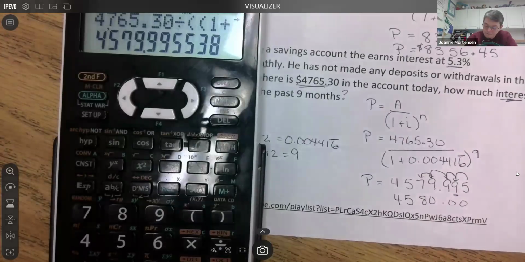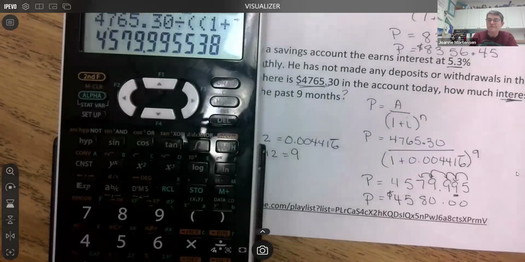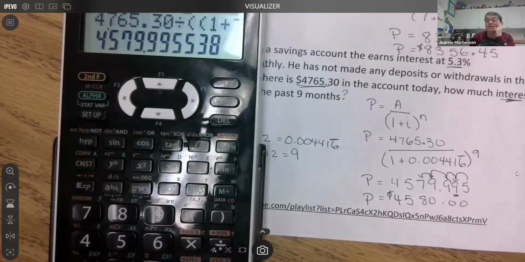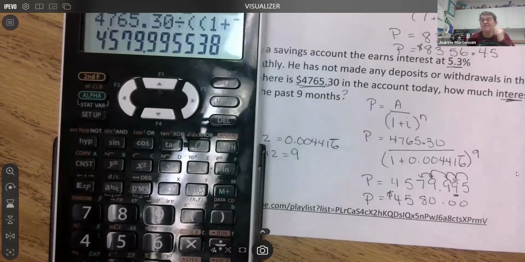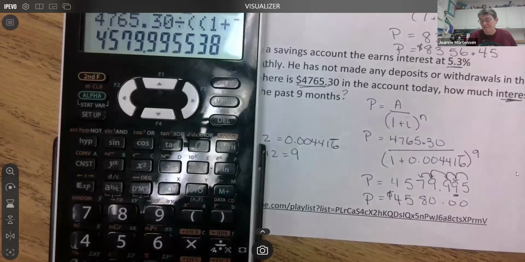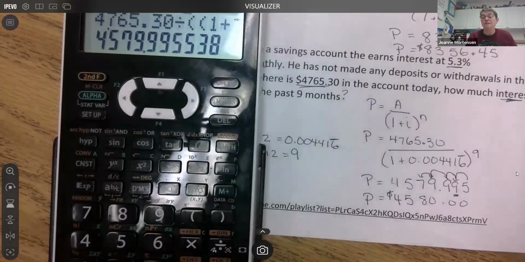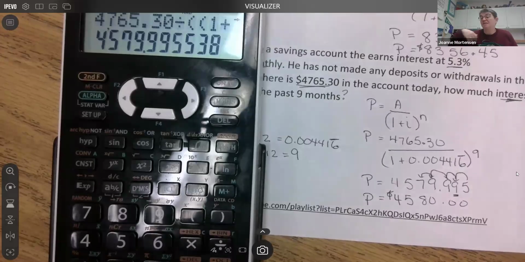We're good. So P is equal to 4580.00. And if that was way too weird, remember that rounding is maybe like half a mark out of a question that's maybe four. So not a huge deal. Do the best you can all the time. Okay, that was my cheat. So if you get a repeating decimal, just get as many decimals on your calculator as you can. Be done with it.